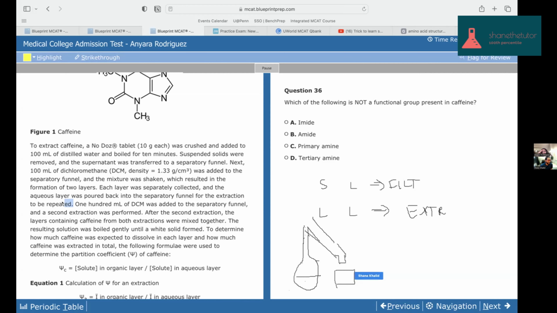That takes advantage of the fact that the two liquids you're trying to separate have different boiling points. Is this distillation? Yes.